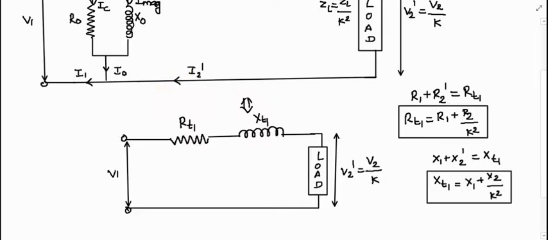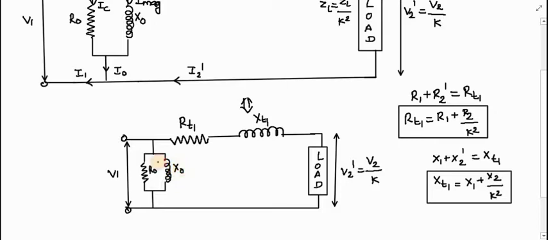Again, I forgot to draw the branch. I will draw one branch here, the shunt circuit. So, we will complete this approximate equivalent circuit now. This is your R0.